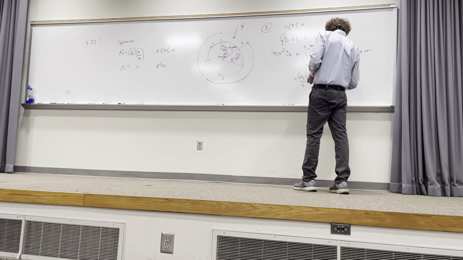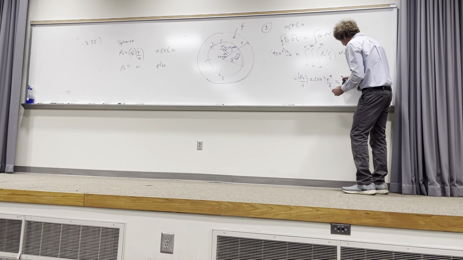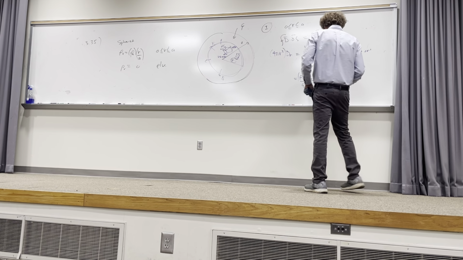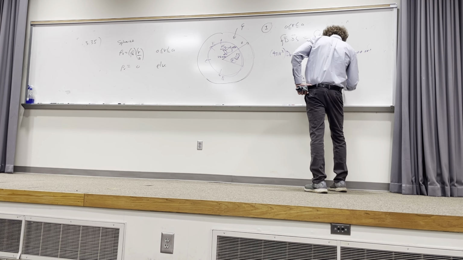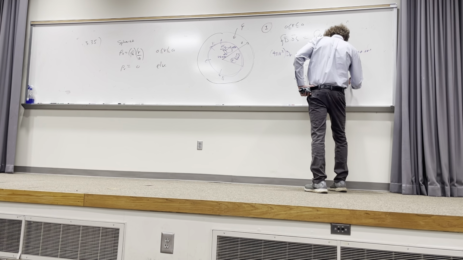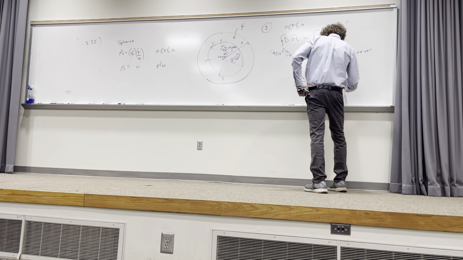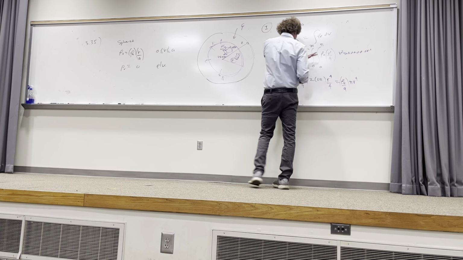I have 4 pi, I got a 4, that goes away. And I'm left with rho A over A, and then I have times pi, and then times r to the 4th. So that's the integral on that side.